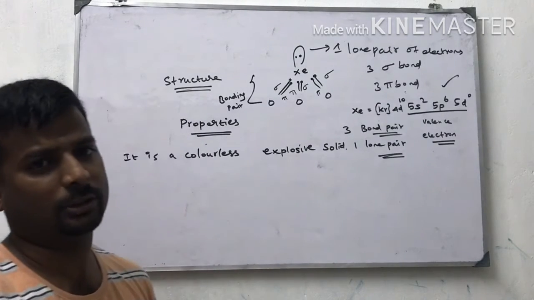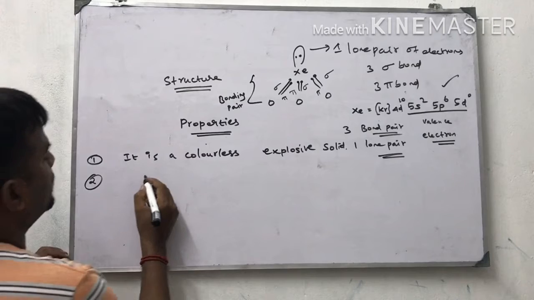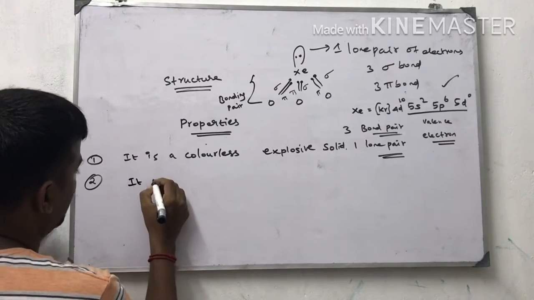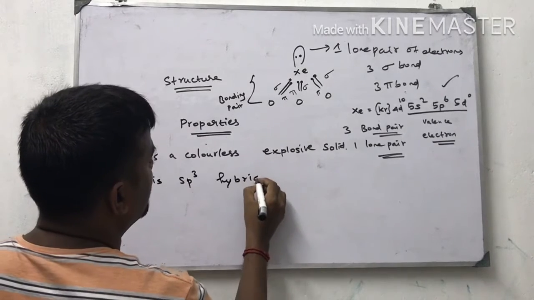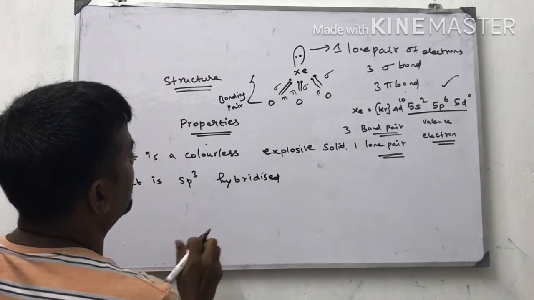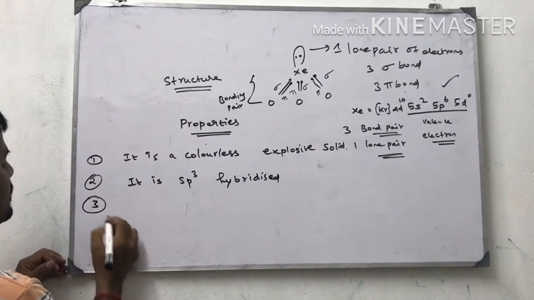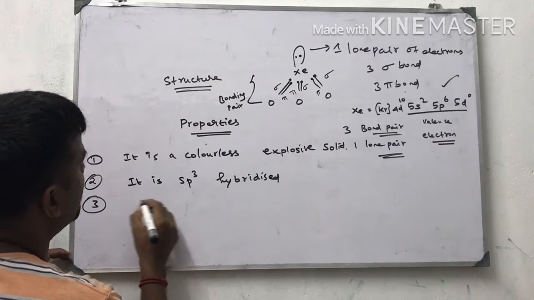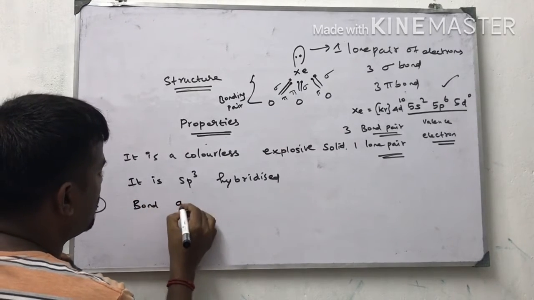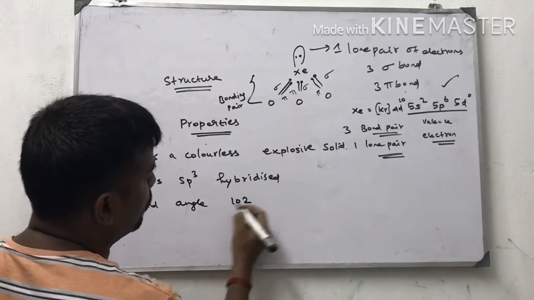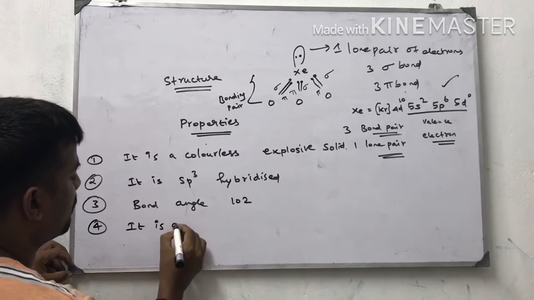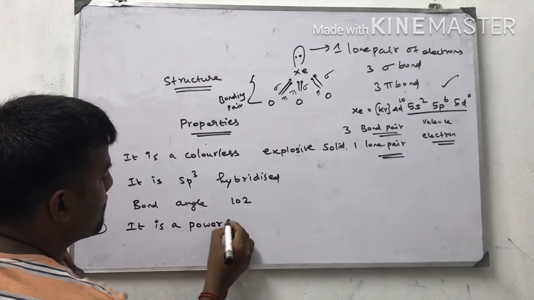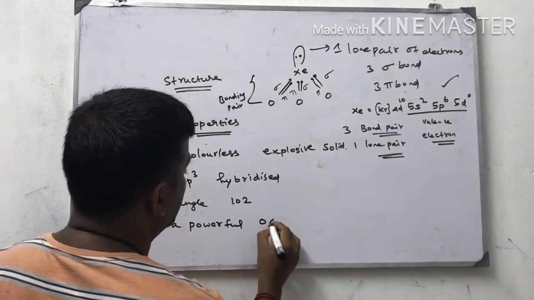Next, it is sp3 hybridized. Third, its bond angle is 102 degrees. Fourth, it is a powerful oxidizing agent.